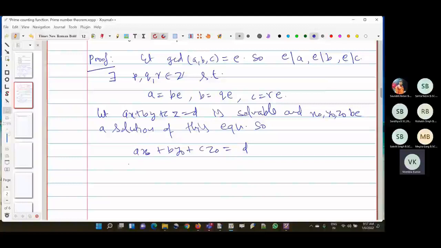All right, and now let us substitute the values of a, b, and c from equation 1. So we can write p e x0 + q e y0 + r e z0 = d.